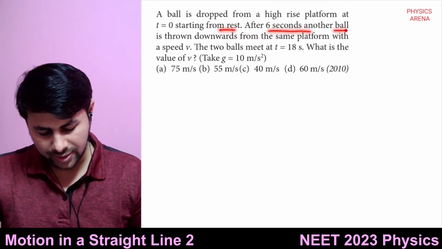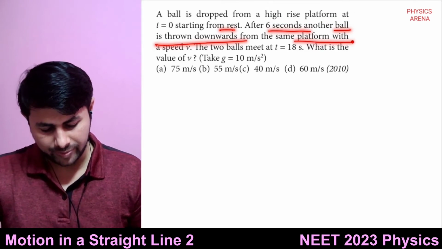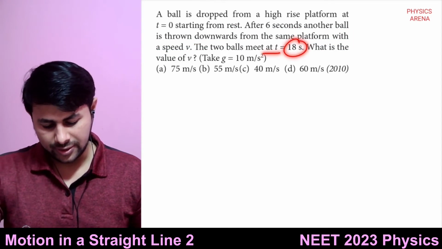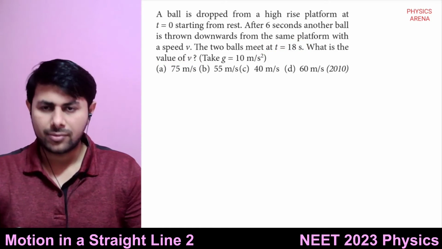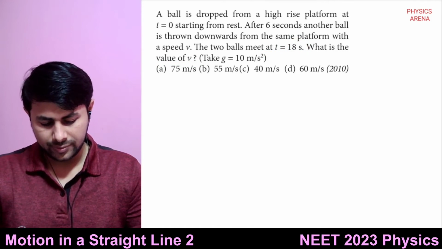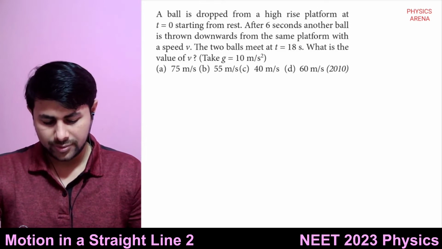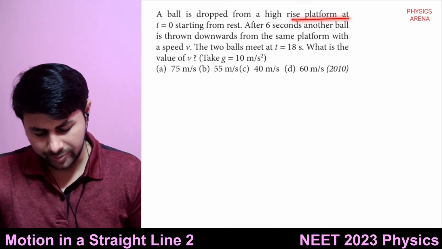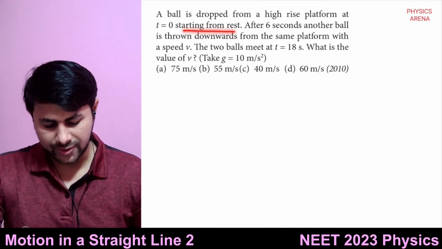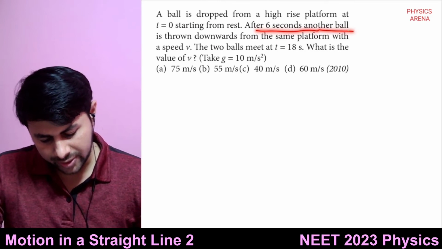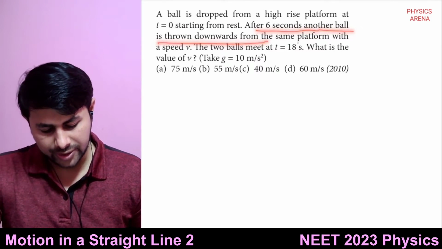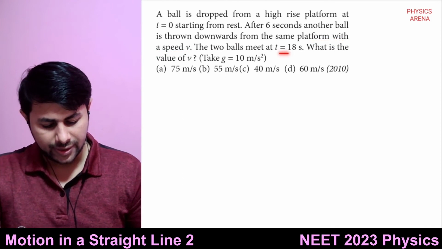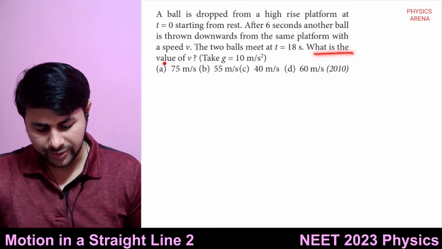After 6 seconds, another ball is thrown downwards from the same platform with speed v. The two balls meet at t equals 18 seconds. What is the value of v? So how to solve this?